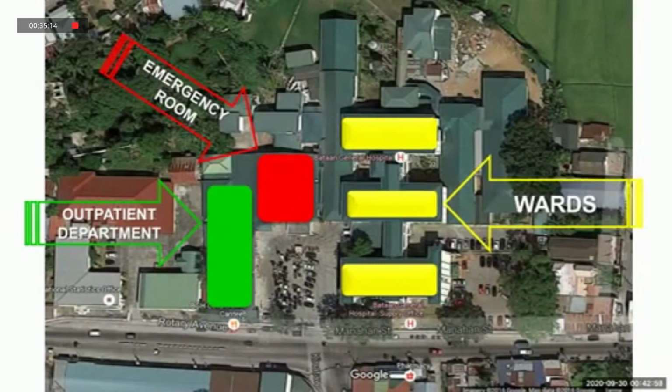So what you can do, this is the Google map of our hospital, Bataan General Hospital. In terms of receiving your victims or casualties, you can tag your emergency room as red, because in terms of logistics, medicines, emergency supplies, and manpower, the emergency room can provide all of that.